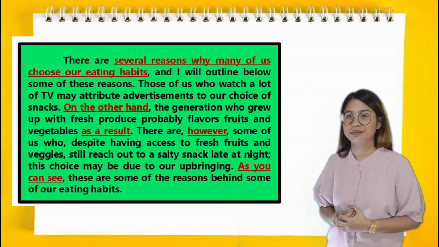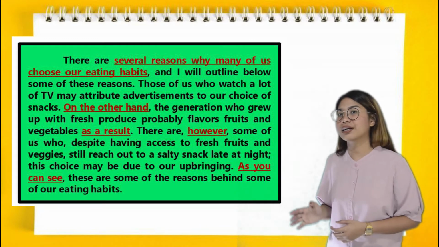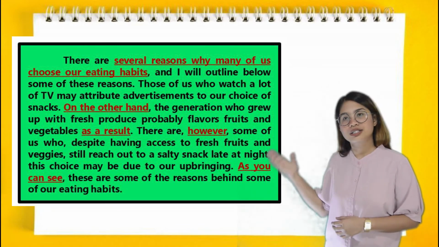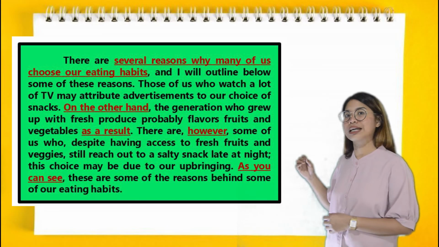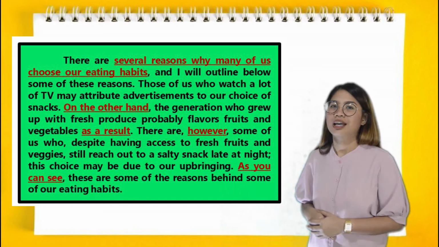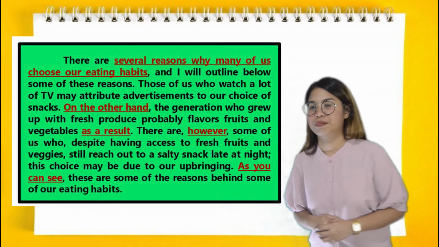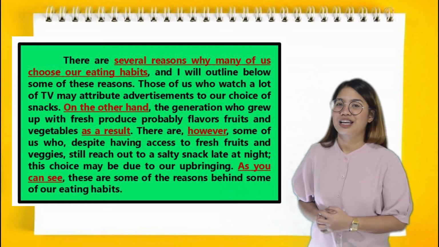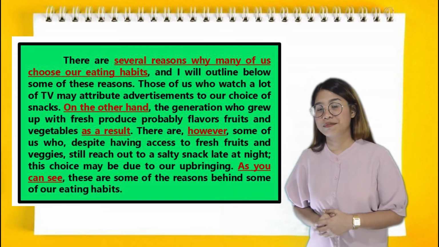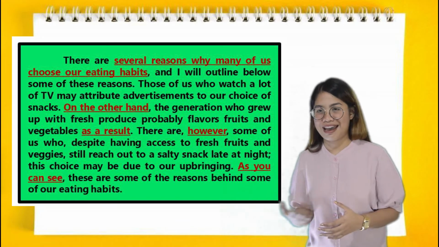Yes, you're right. The topic sentence in the paragraph is that there are several reasons why many of us choose our eating habits. And what do you think is the writing pattern used in the paragraph? Correct! The pattern of the paragraph is cause and effect.